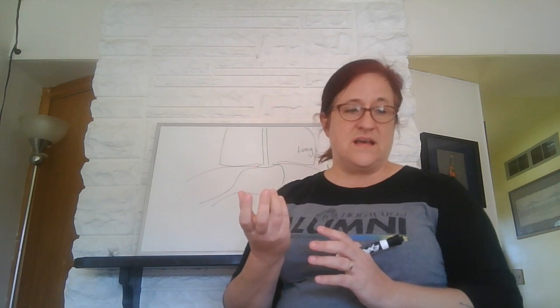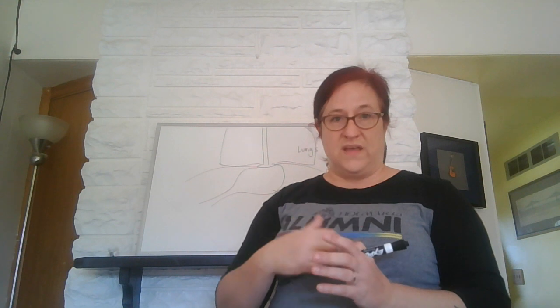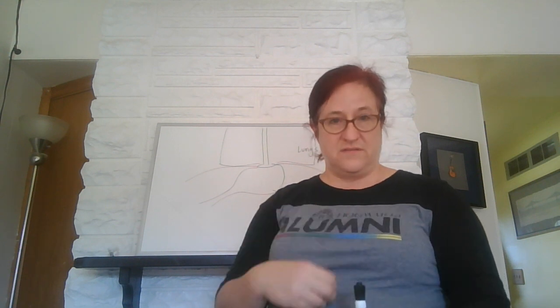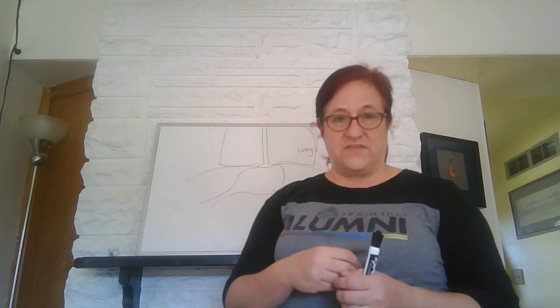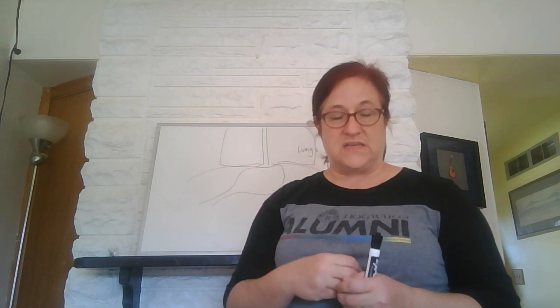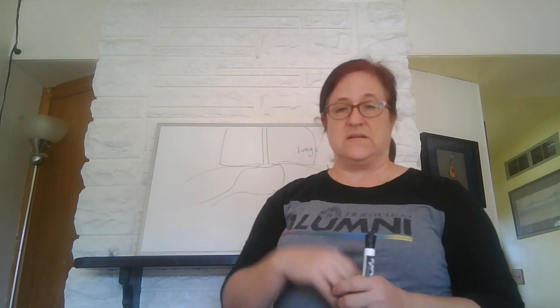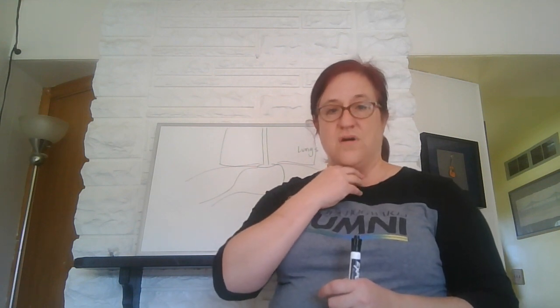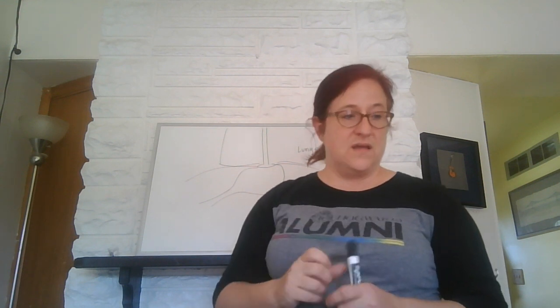It is in charge of peristaltic waves that push the food down to the end of the esophagus, where that sphincter lies in the connection between the esophagus and the stomach. There is no absorption that takes place here. It's moving the food from the back of the throat, the pharynx, down to the stomach.